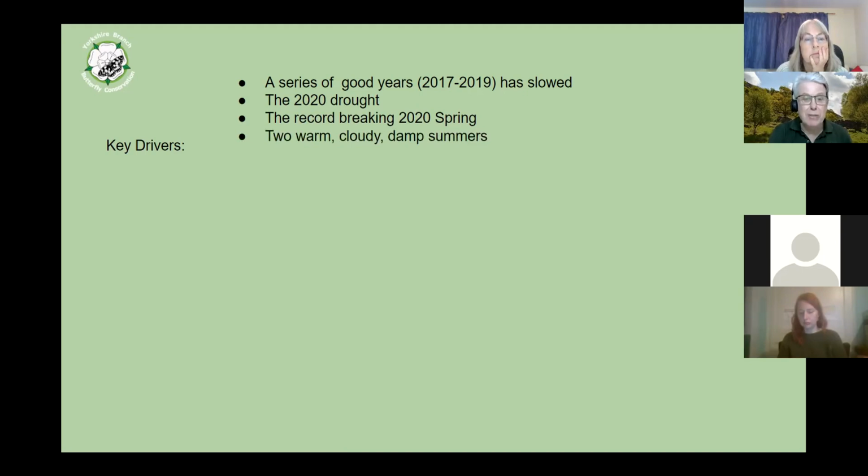So the last 2 years we've had two fairly warm, cloudy summers, and all of us will remember how difficult it was this year. Overall, transect walking this year has been a bit of a nightmare. We've heard about the cold spring of April into May, but you probably all remember June, July into August.